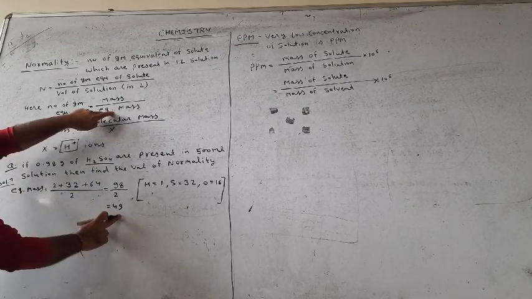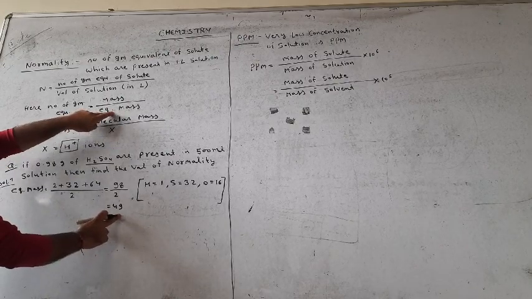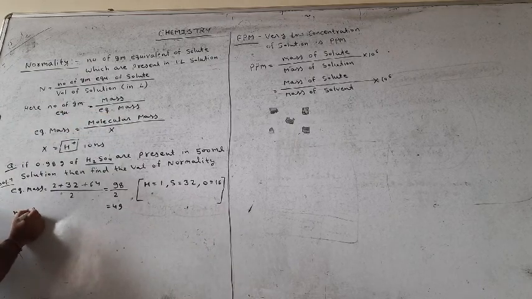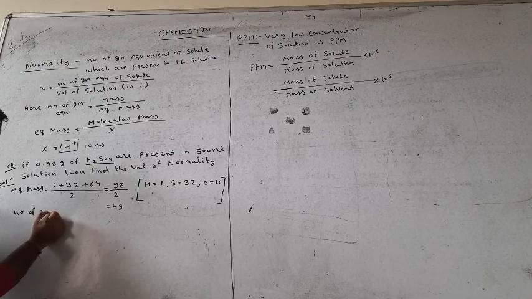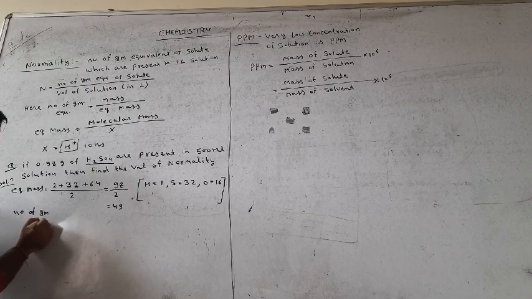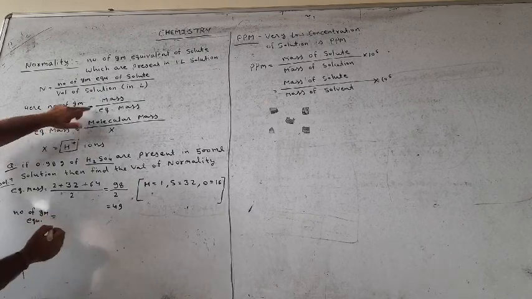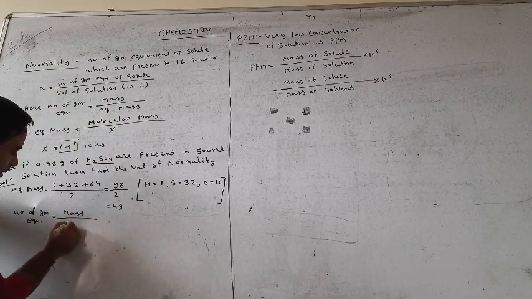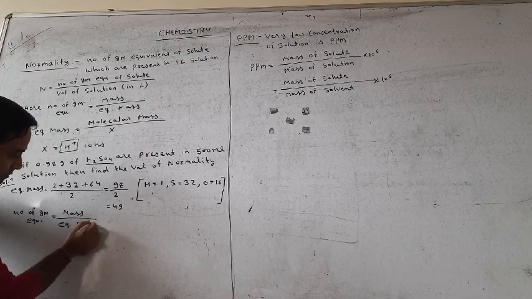Put this value here. What is the number of gram equivalents? It is mass upon equivalent mass.